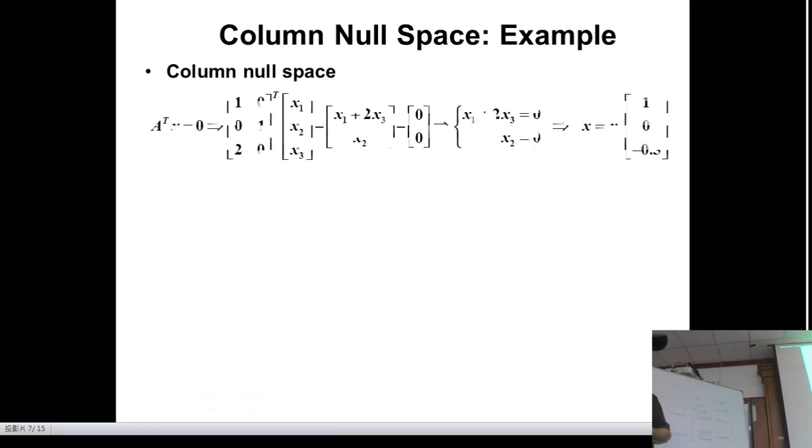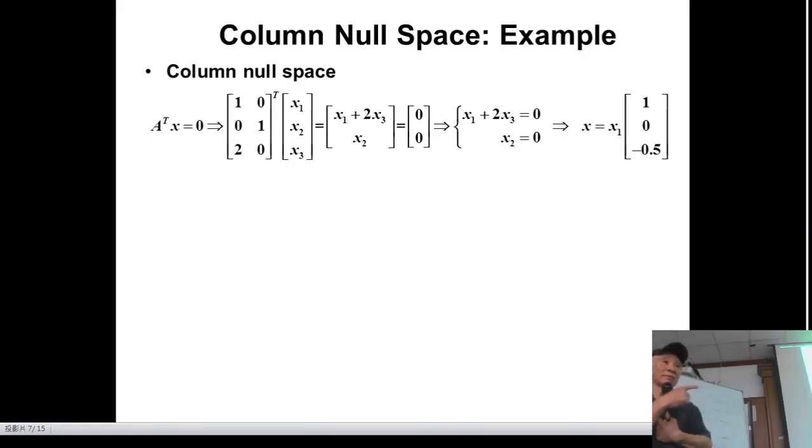Let's look at the same example we have there. A transpose times x1, x2, x3, multiplied together becomes what? 1, 0, 2 gives x1 plus 2x3, and the second one gives x2. If I want these to be 0, then I have the vector 1, 0, minus 0.5 times any arbitrary scalar.